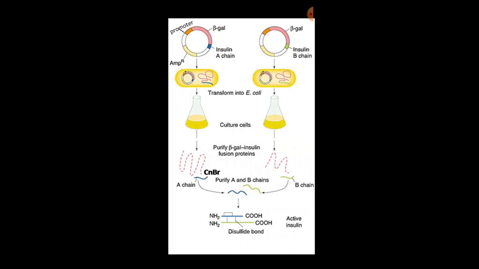Now let's see the different processes that we need to follow, one by one, to produce our insulin. So first of all, we need the gene, so that we can clone and amplify it in vivo.